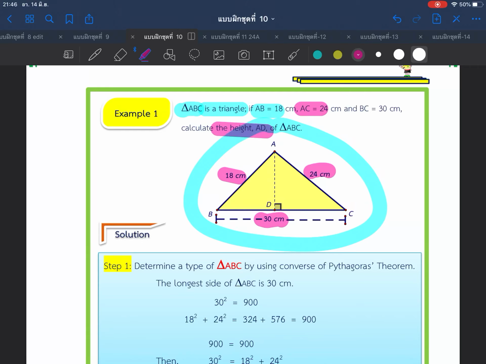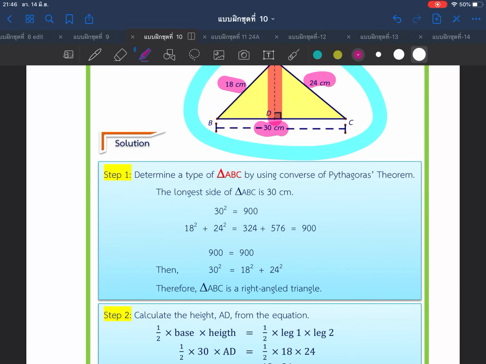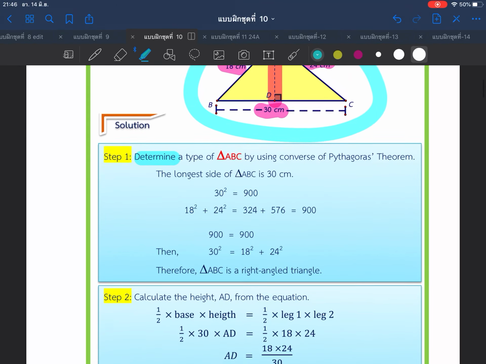So we need to find the length of AD of triangle ABC. What we can do first is determine the type of triangle ABC, which is the big one here, right?